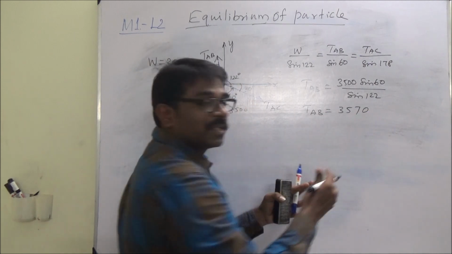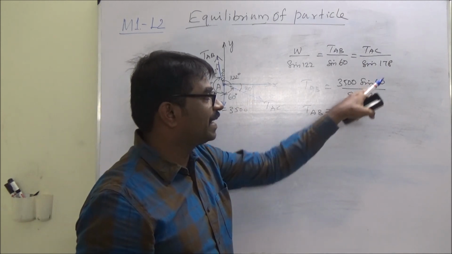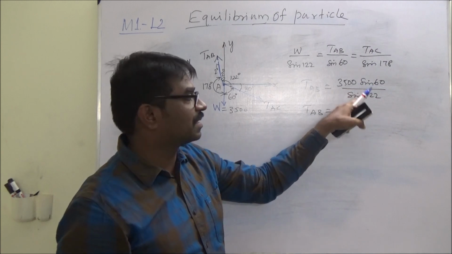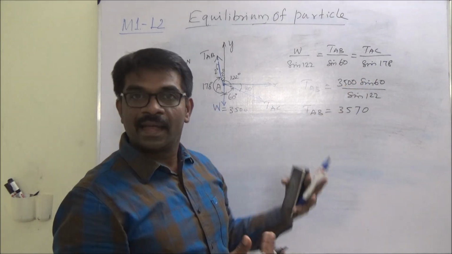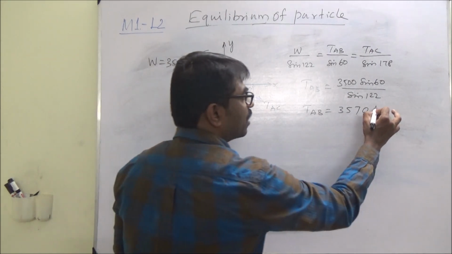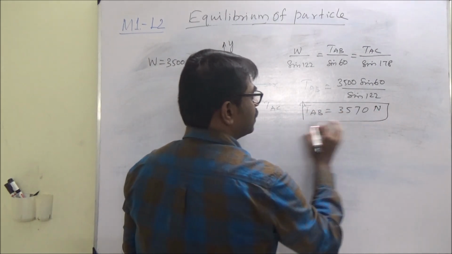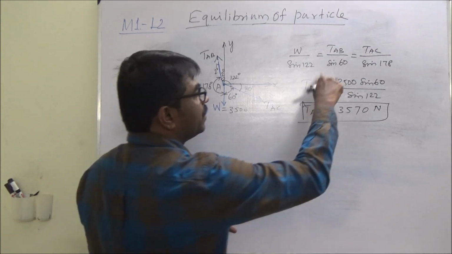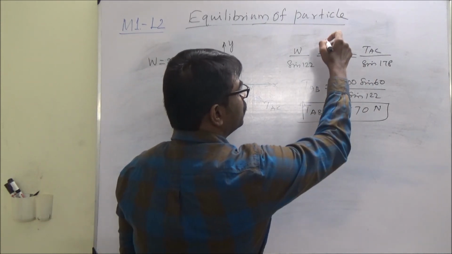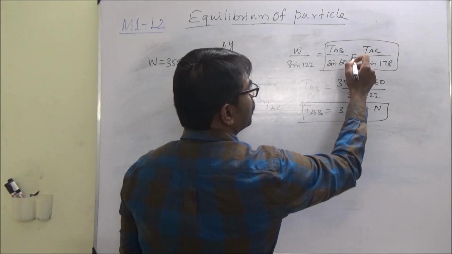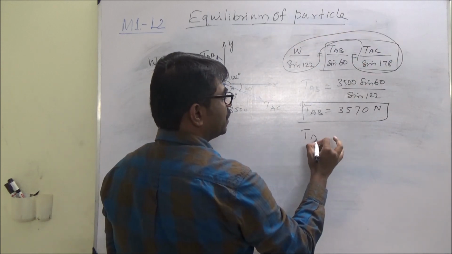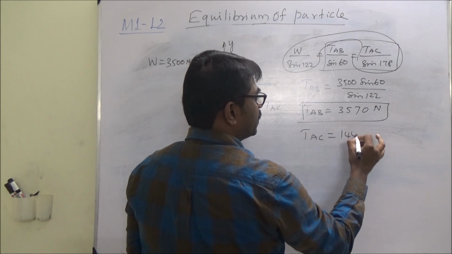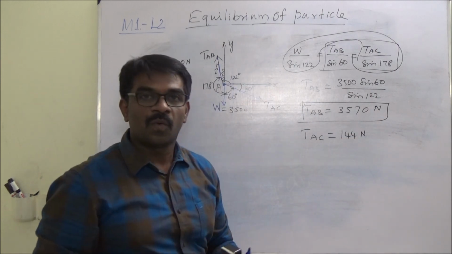Based on the calculation, because these are degrees, some may directly calculate sine 60 and substitute there. So something around this you will get. When you calculate the same way, you can use these two expressions to find out TAC. That happens to be the value.